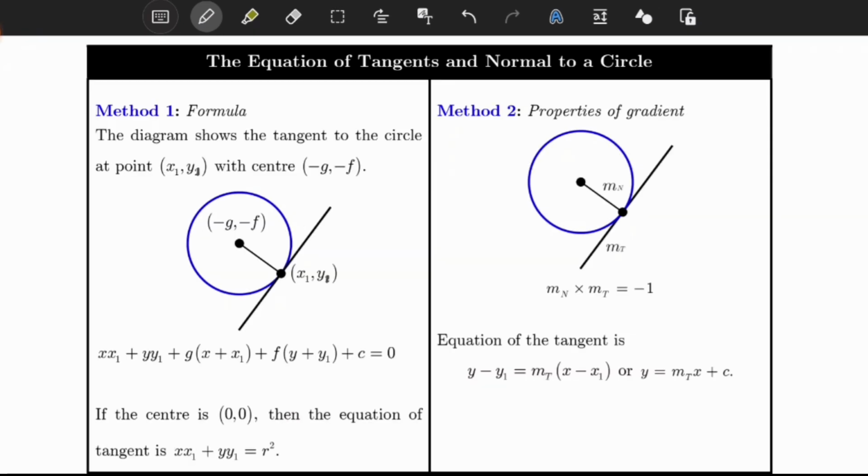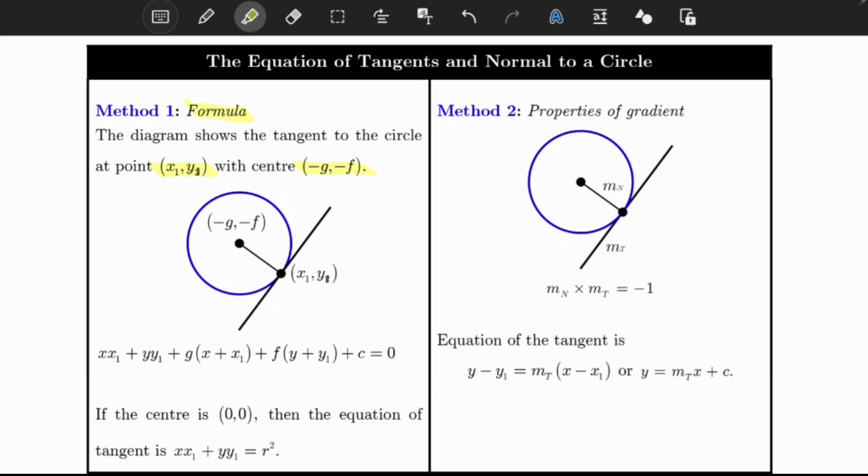Now we are in the final part of the circle, which is we are going to find the equation of tangent and equation of normal to a circle. So there are two methods. The first method is by using formula. To use the formula, we need at least two pieces of information: the touch point x1, y1 and also the center of the circle.